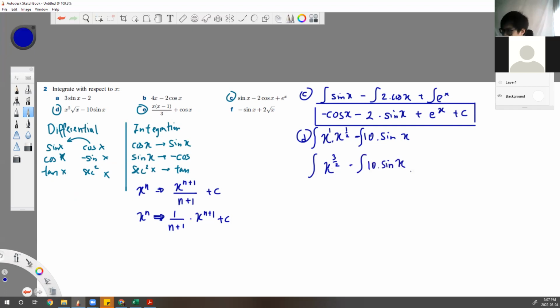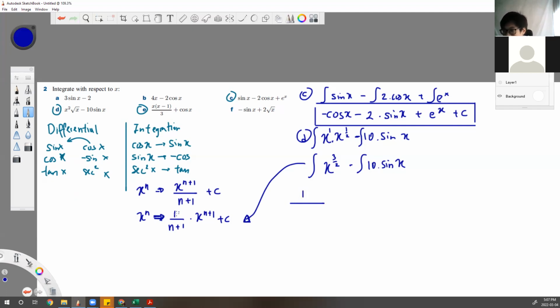Do it slowly. So you go to this formula: 1 over n plus 1. I prefer to use this because it is in a more expanded form, so you don't get confused by the power inside the power, or a double fraction.